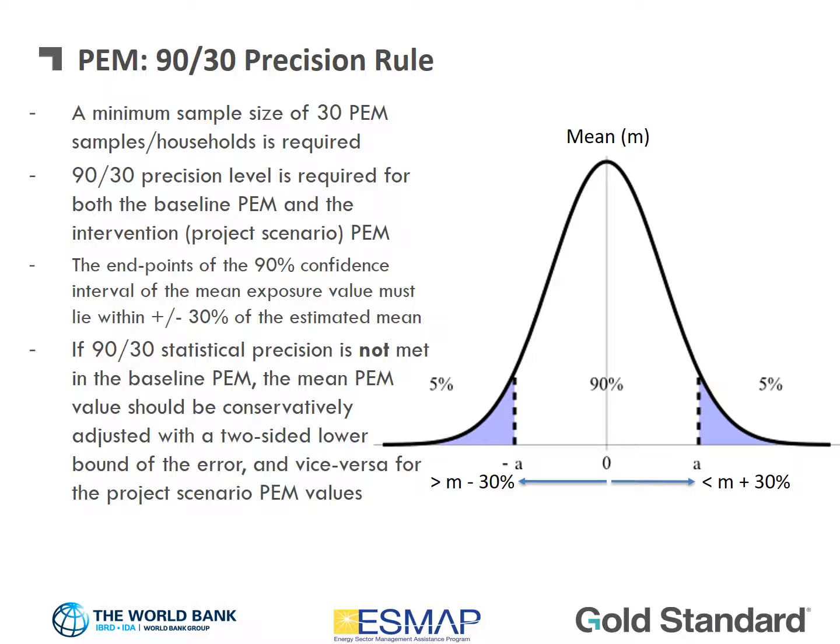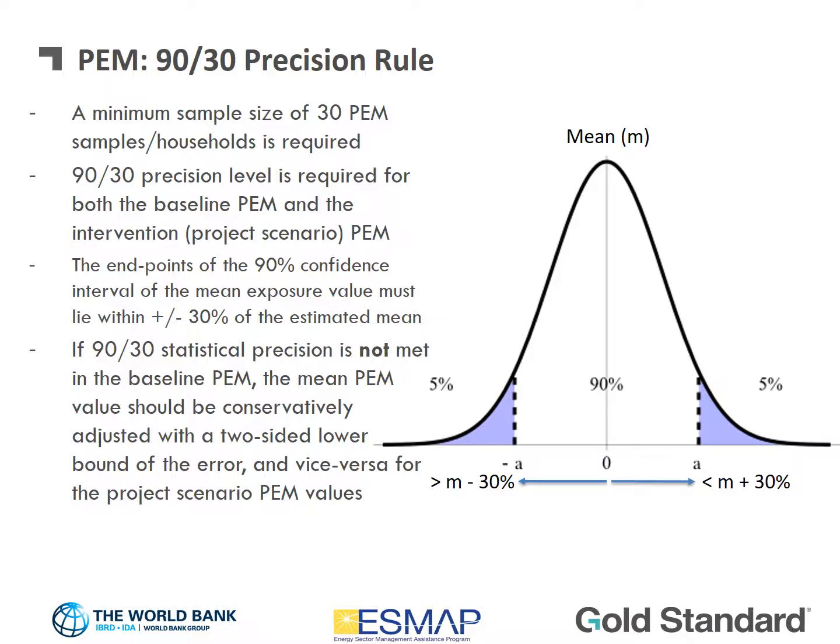And if the 90-30 statistical precision is not met in the baseline PEM, then the mean PEM value needs to be conservatively adjusted with a two-sided lower bound of the error. So that means if the baseline doesn't meet the 90/30, you have to use the lowest baseline measurement.